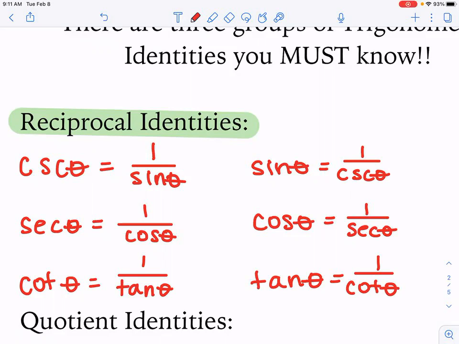So the angle could be theta, x, 55, whatever. I'm going to write theta right now, but we're going to see in our work that sometimes they'll use theta, sometimes x, sometimes t.